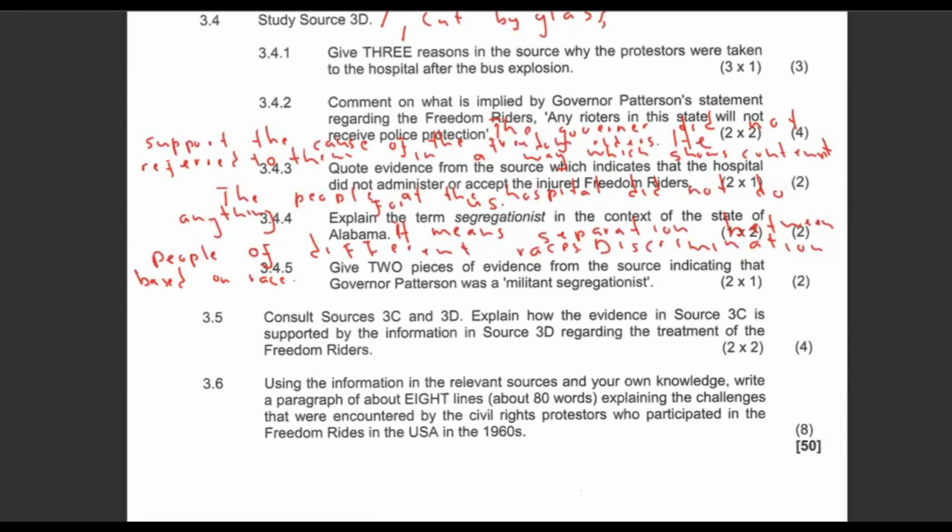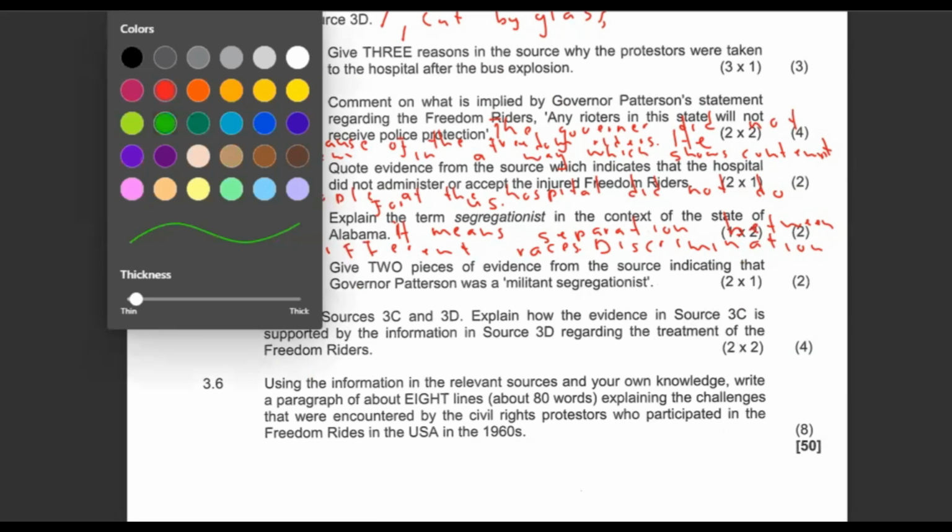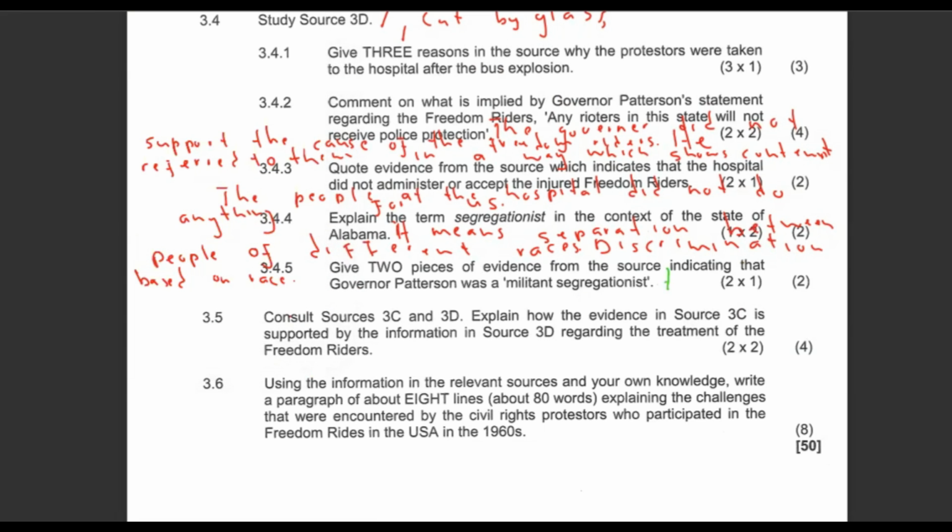Give two pieces of evidence from the source which indicate that Governor Patterson was militant and segregationist. The first thing, the governor was associated with the Ku Klux Klan. We know very well that the Ku Klux Klan opposed the civil rights movement.